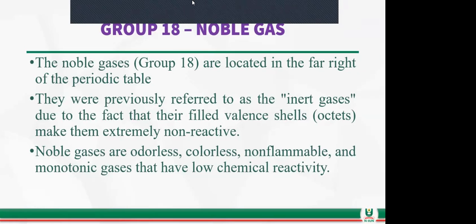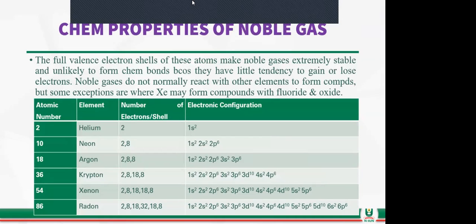So they are a class of their own. That's why we call them inert gases, which makes them extremely non-reactive. Noble gases are odorless, colorless, non-flammable, monatomic gases that have low or no reactivity.